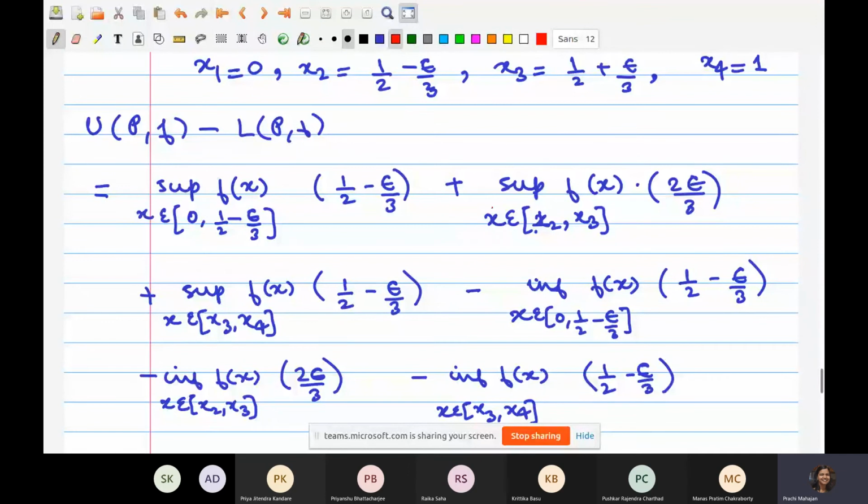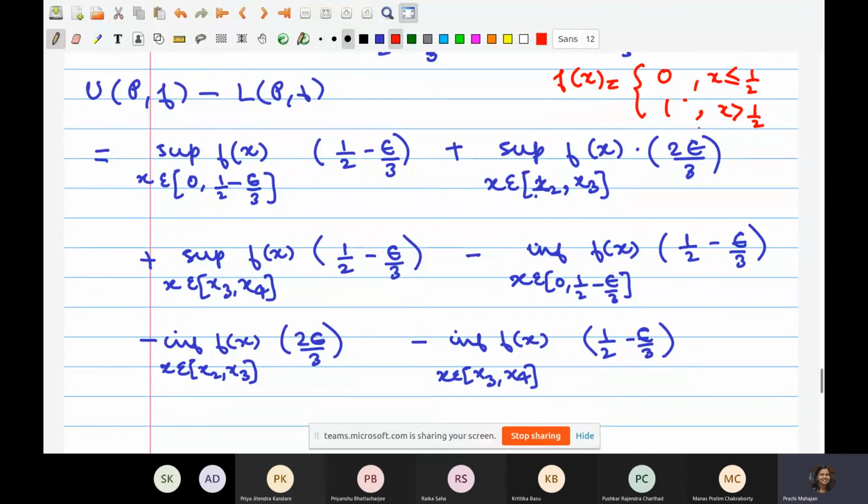Let me write down here so that all of you can see. Let's recall what our function was. It was defined like this: f was 0 for x less than half, and f was 1 otherwise. So what is going to happen? What would be the first term? What is going to be the supremum of f over this interval?